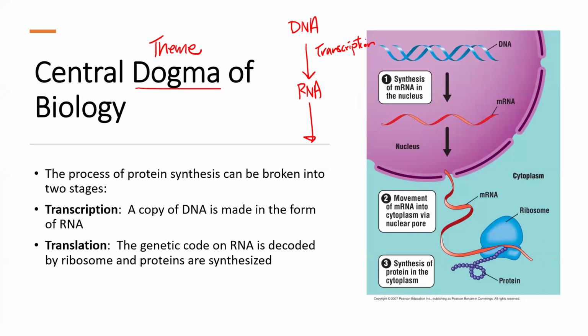This process of creating the protein from the RNA is called translation. So that's how information flows in all known life forms. There are some situations where it goes the other way, but those are exceptions. For the most part, information goes from DNA to RNA to protein.